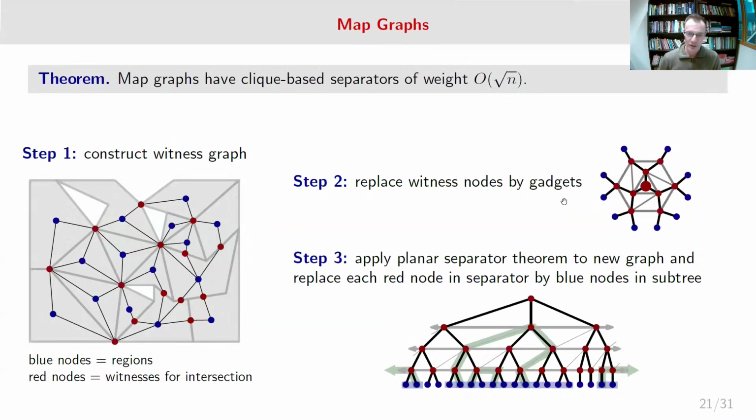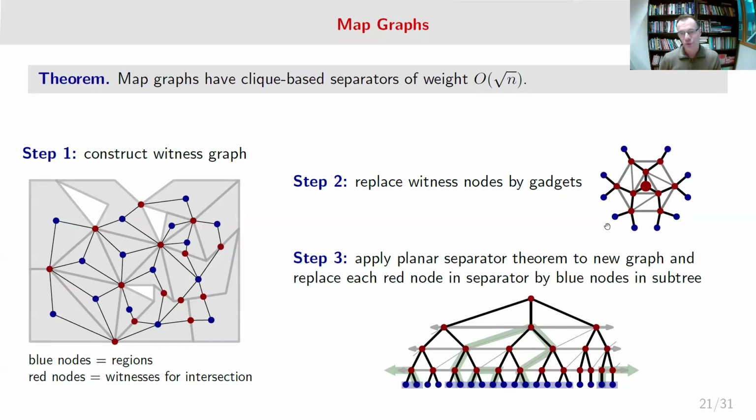Intuitively, if I apply my planar separator theorem and it wants to separate a lot of things here, it has to go deep into this gadget, and going all the way to the central node takes you the log of the number of leaves of this gadget.